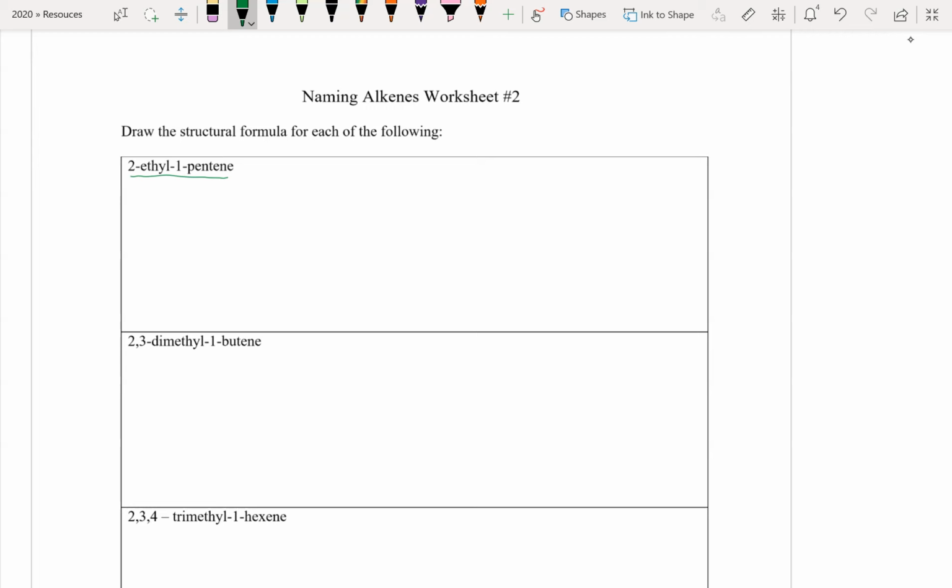I know exactly what that means, and you probably know exactly what that means, and maybe you don't. Because the way we've been writing this would be 2-ethyl pent-1-ene. And the reason we do that is to allow us to indicate very clearly, to minimize any mistakes on where that pentene might be.